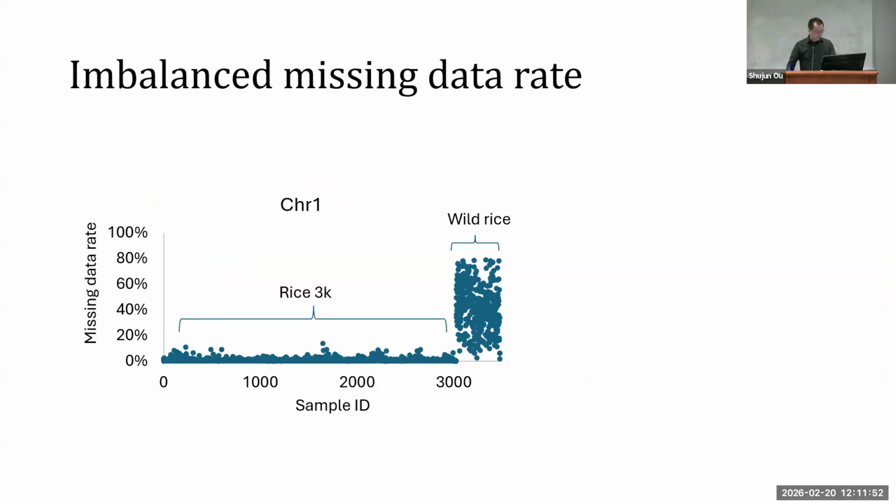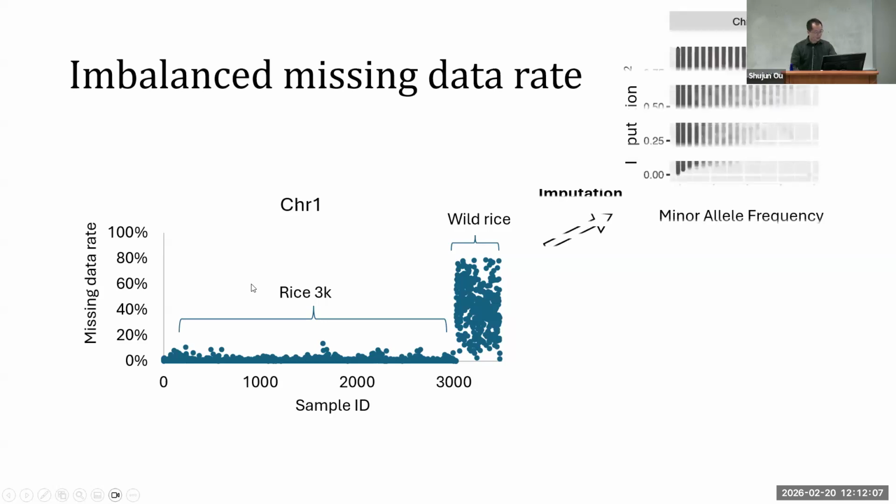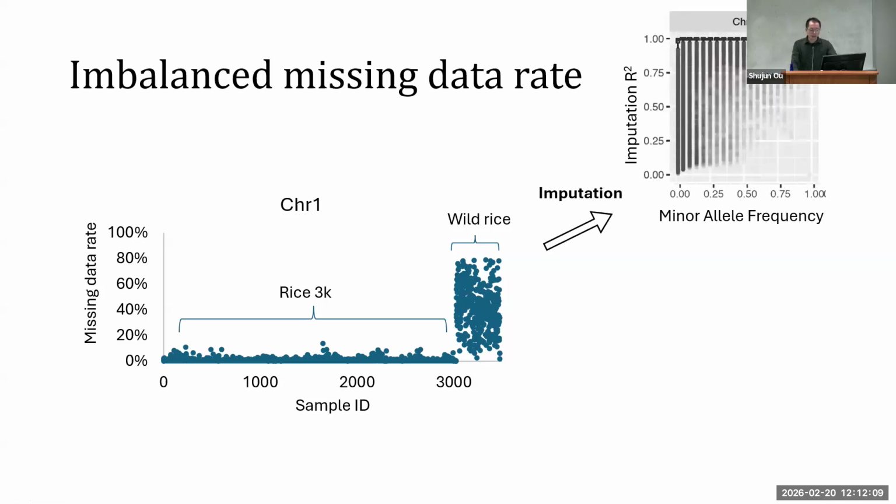Then the first problem is the imbalanced missing data rate. Remember, the wild rice was sequenced at 2x and the cultivated rice at 14x, and you see a drastic difference in missing data rates. So this is a problem, and I decided to do imputation. Basically, you use the haplotypes of other varieties with coverage to infer the missing data of the focal genotype.